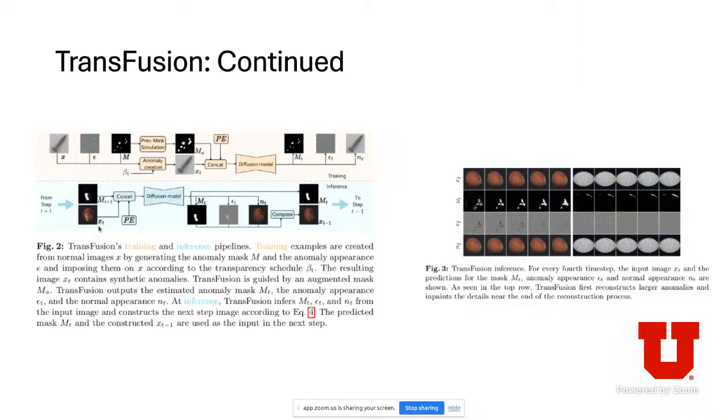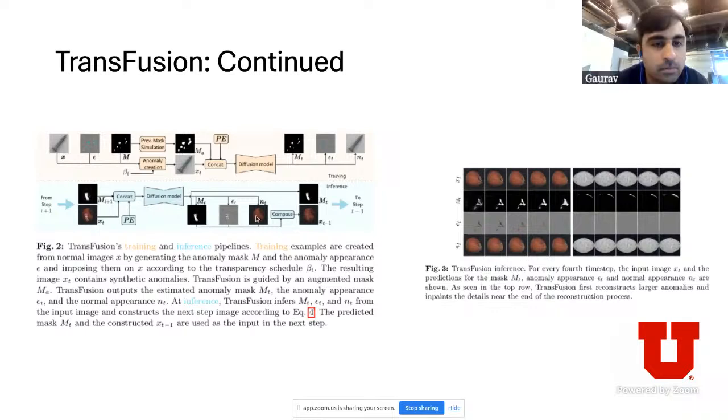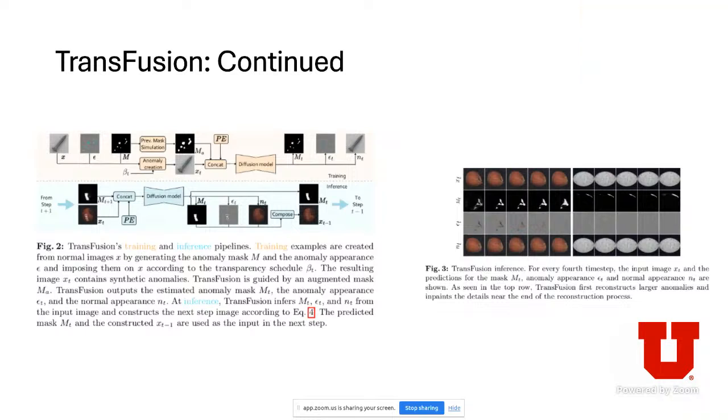But then every time you generate xt minus 1 and mt, and then you throw them into the model and do this again, right? And from here, xt minus 1 would be derived using the formula in the previous slide. Yeah, the question is, during the training you don't change m. No, actually you change it, right?